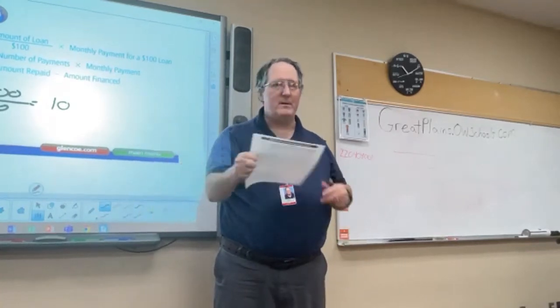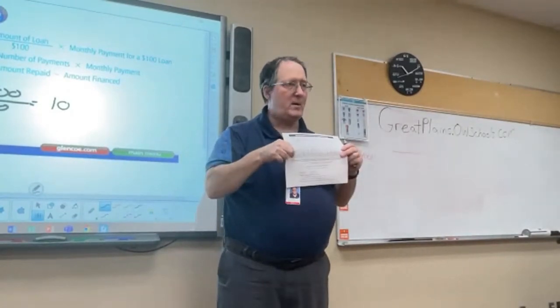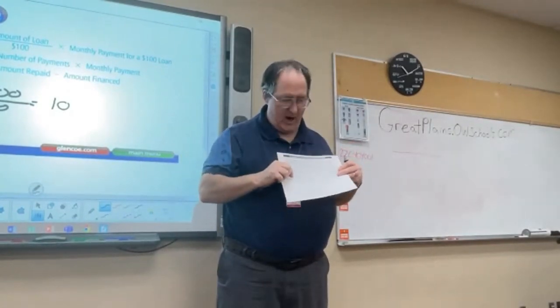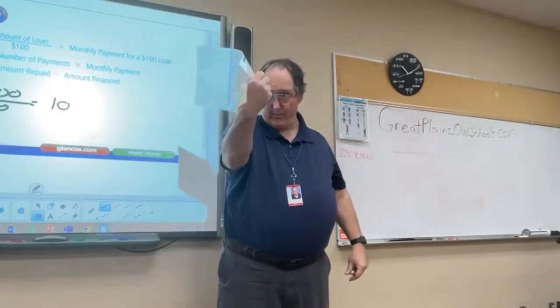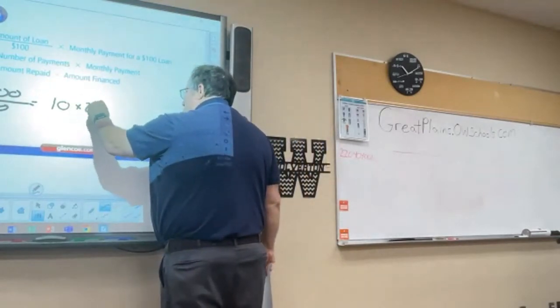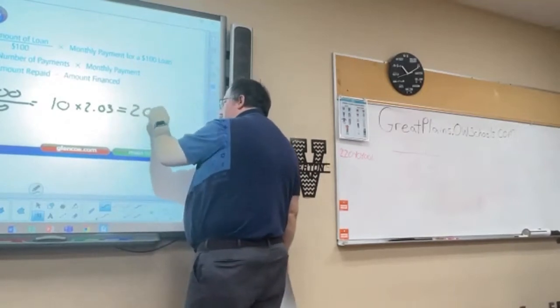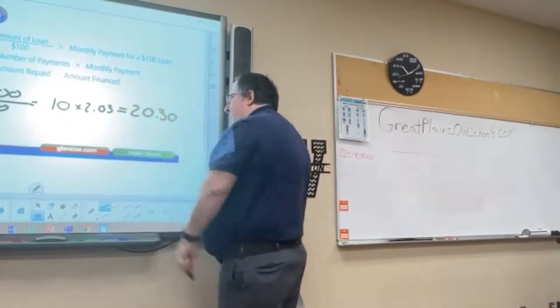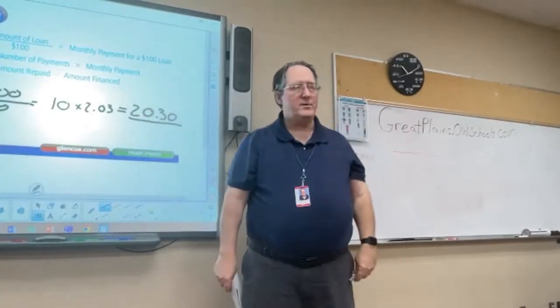We'll do 8%. So what you do is you go down to 60 months at the bottom, and you go over to the first column, which is 8%, and I get a number of 2.03. My monthly payment will be $20.30.